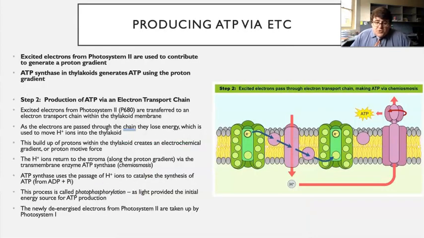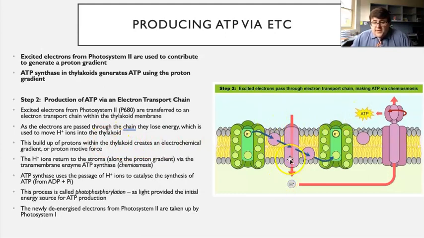We then move on to step 2, which is the production of ATP via a type of electron transport chain. So excited electrons from photosystem 2, which is the one dealing with the 680 nanometer wavelength of light, are transferred to an electron transport chain within the thylakoid membrane. As those electrons are passed through the chain, they lose the energy they've gained from the light, which is then used to move hydrogen ions into the thylakoid.